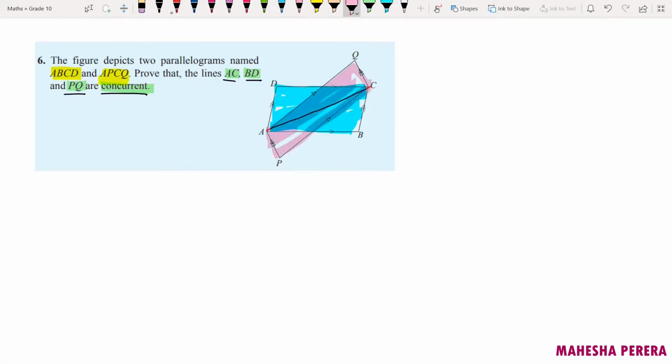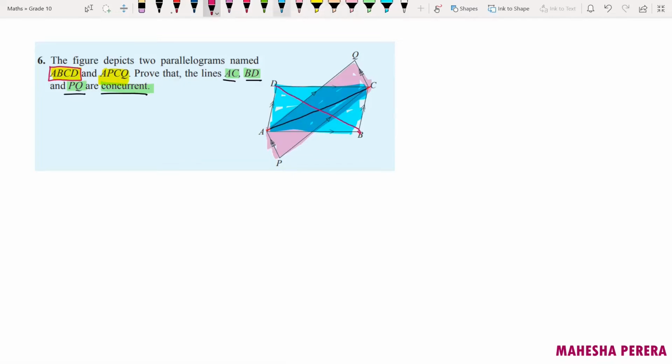And then let's draw the other line, BD. Can you see? BD is another diagonal of parallelogram ABCD.